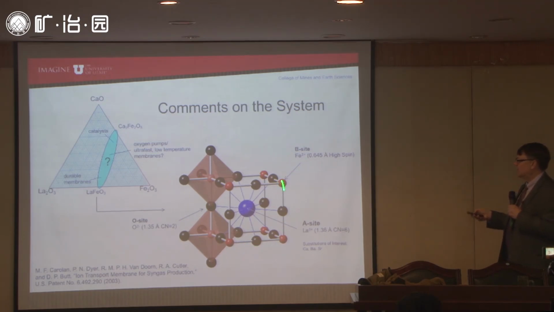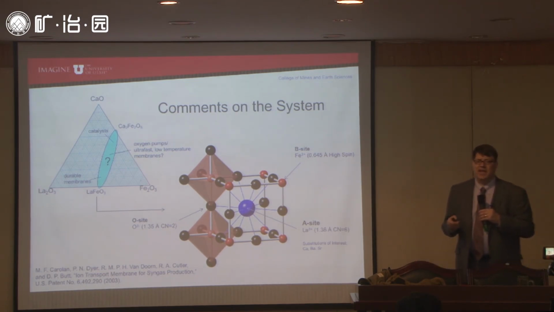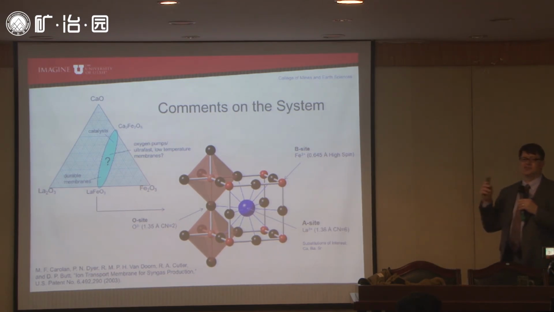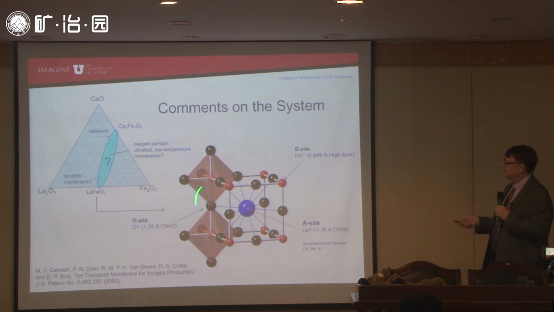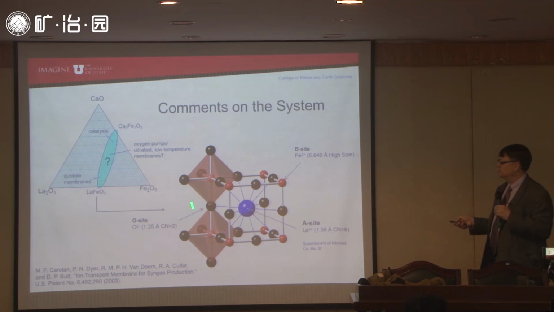So a unit cell is kind of a messy way to represent the structures that I'm going to show you in a minute. Ceramic engineers and geologists like to represent crystal structures as polyhedra rather than as unit cells. Metallurgists tend to like unit cells a lot, but in ceramics we like to use polyhedra. And these polyhedra represent the perovskite structure just as well as the unit cell does.